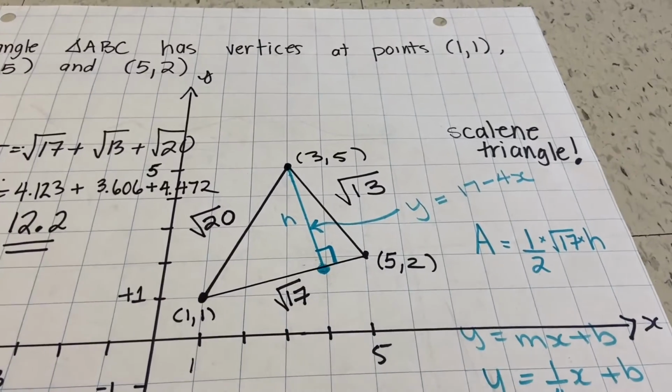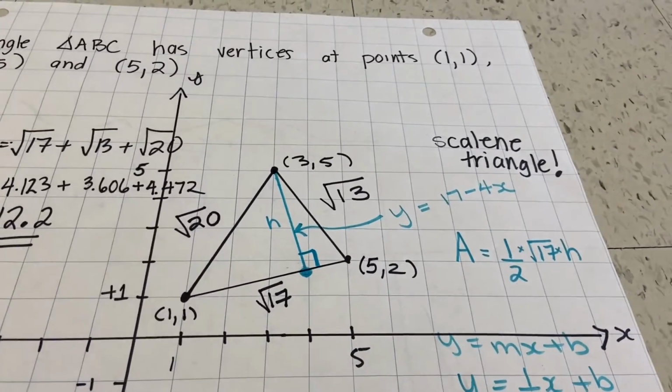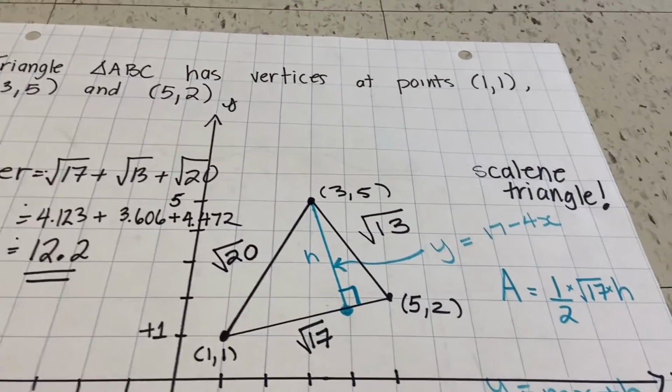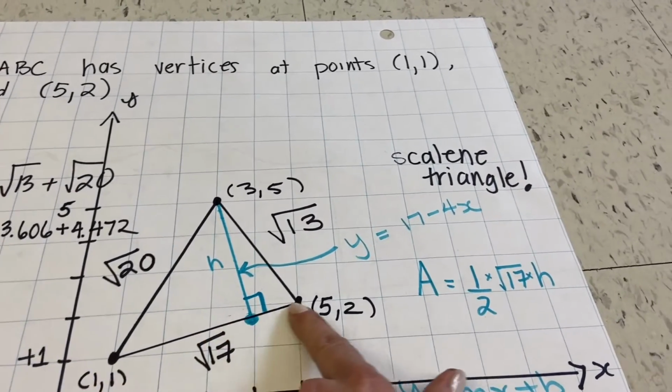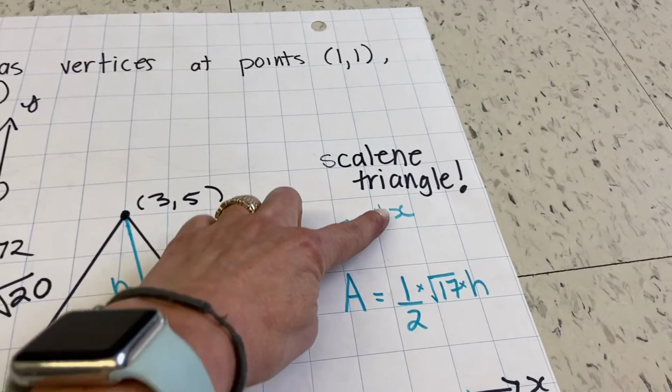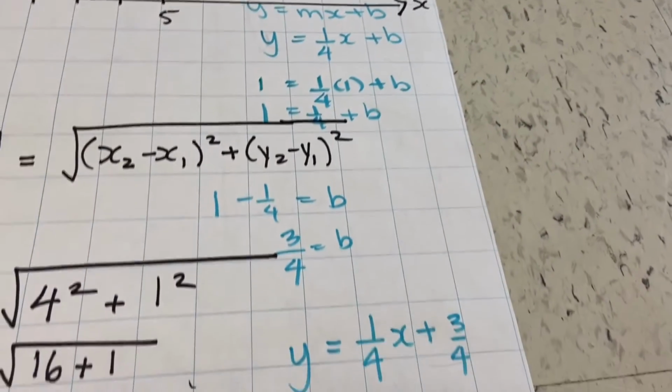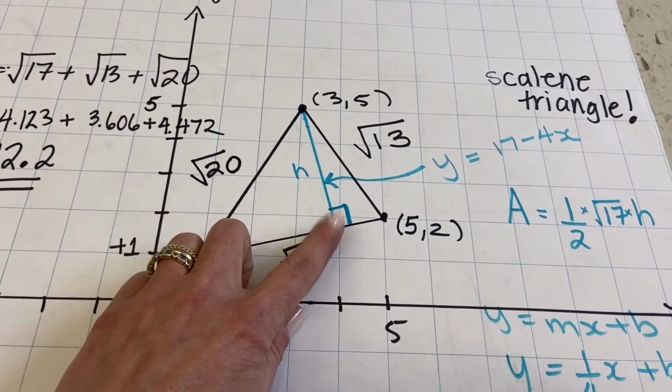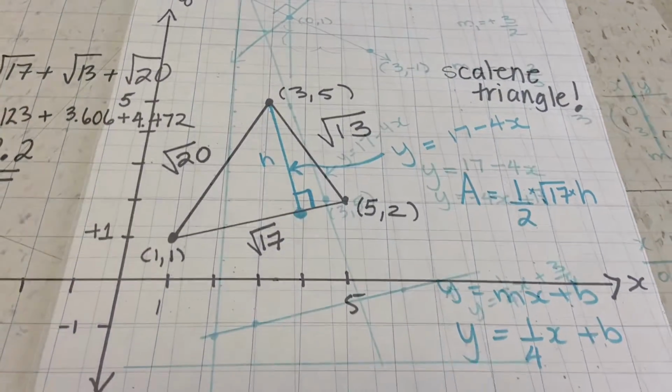Now, our last thing we need to do, and this is a lot of math we're doing right now, we need to find out where the base and the height intersect. Because once we know where the height and the base intersect, we will know the value of this point right here.